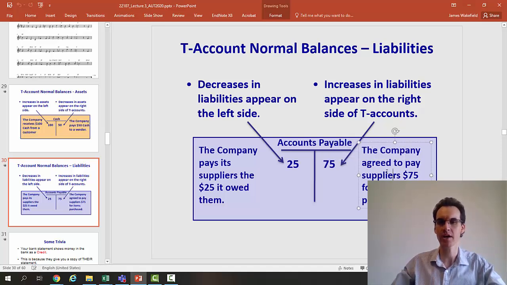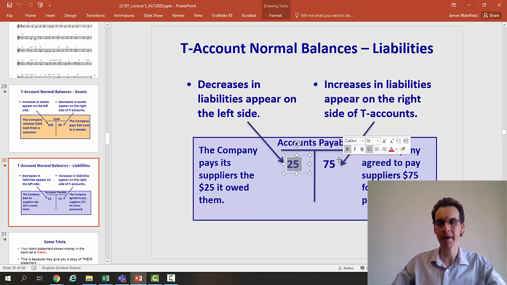So if we agree to pay a supplier $75 for an item purchased, we credit that to the liability account. When we repay a liability, so we pay back the supplier, $25 in this case, we decrease that liability account by debiting that account by $25.